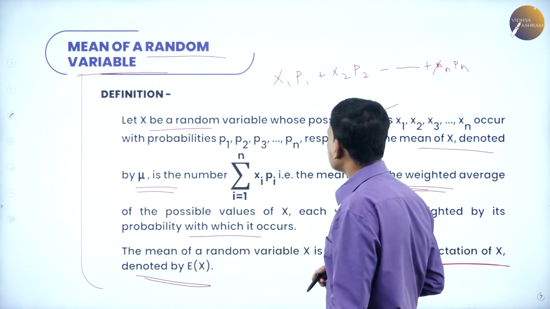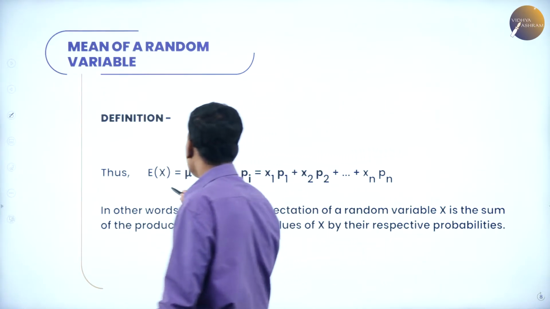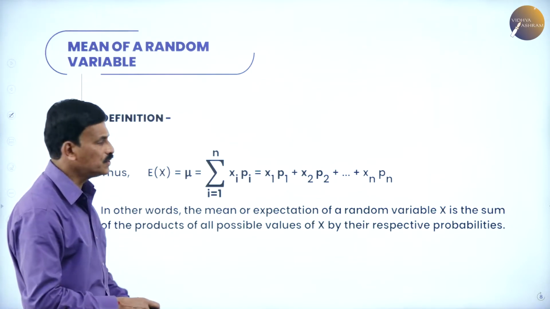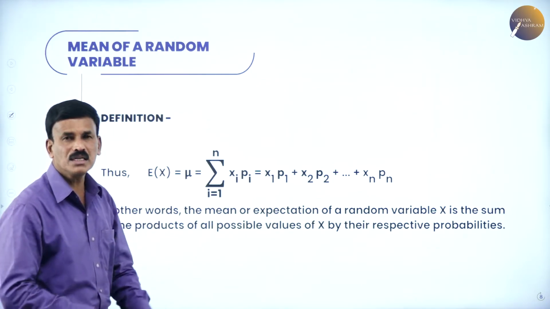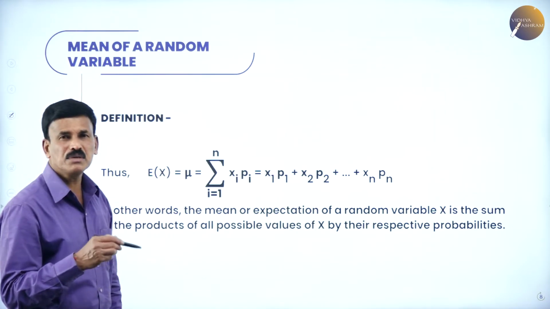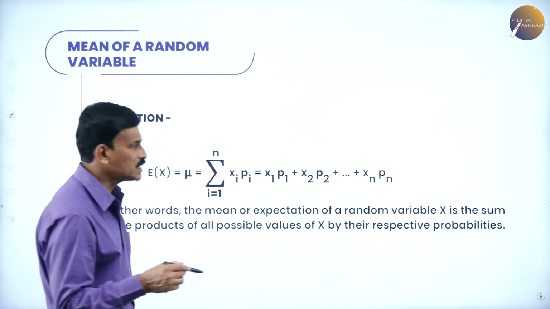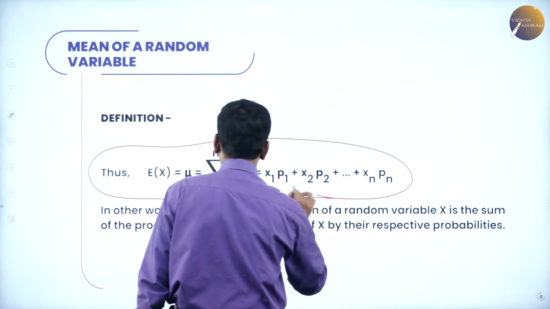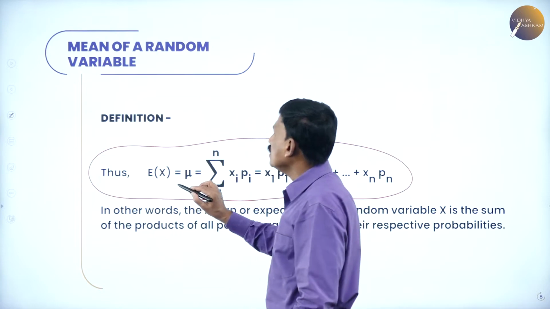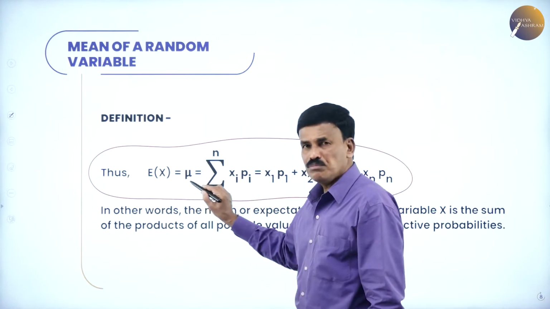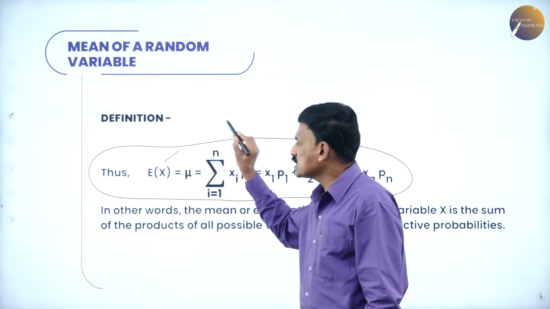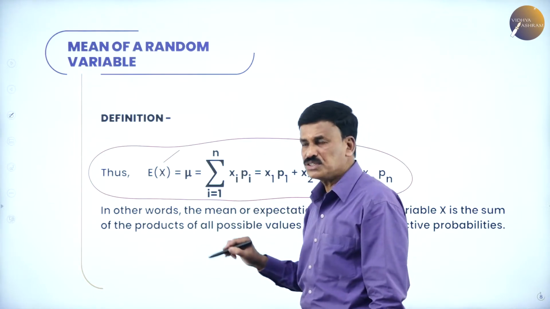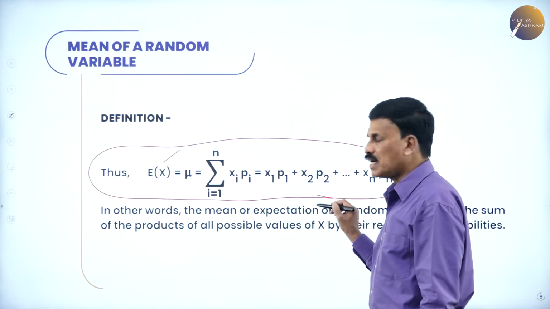So E of x is equal to mu, that is equal to sigma i is equal to 1 to n xi pi, which is nothing but x1 p1 plus x2 p2 plus x3 p3 etc. xn pn. This is a very important formula. Thus the expectation or the mean mu, or E of x, is equal to sigma i is equal to 1 to n xi pi.